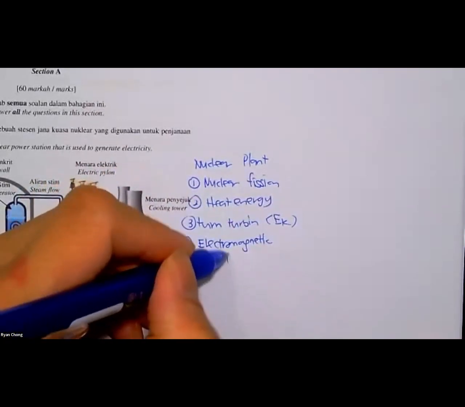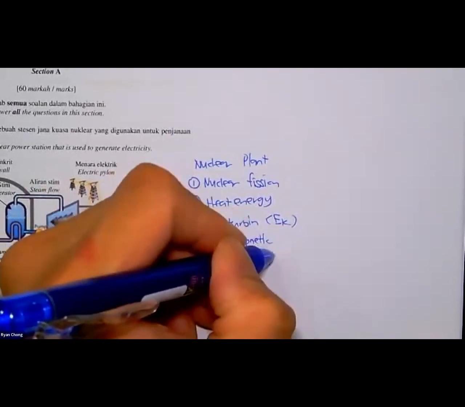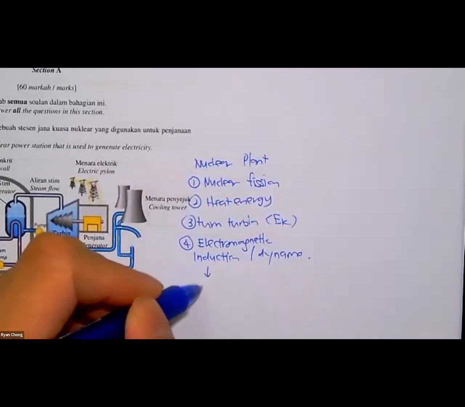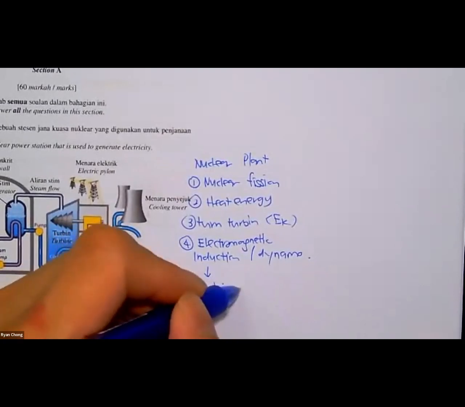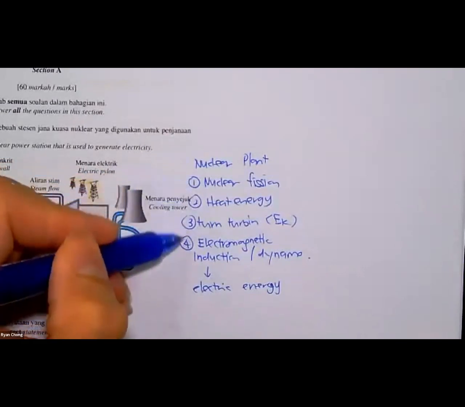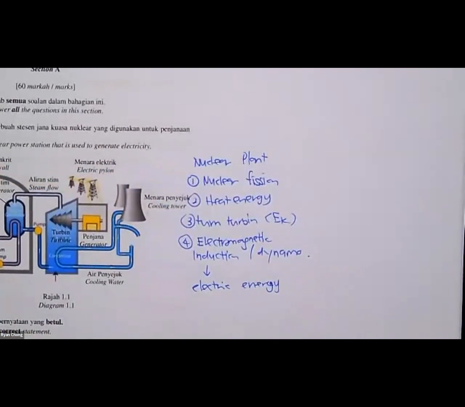So here is what happens in the dynamo, right? Then they will produce electricity. So you see, we will have 4 marks. That's how we score the 4 marks. Okay. All right. So you can have an idea first.